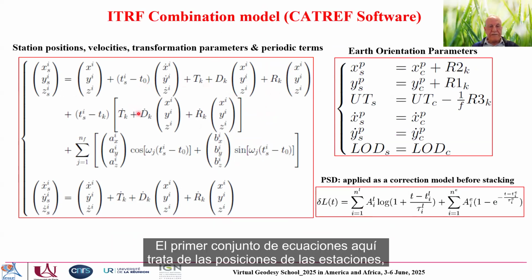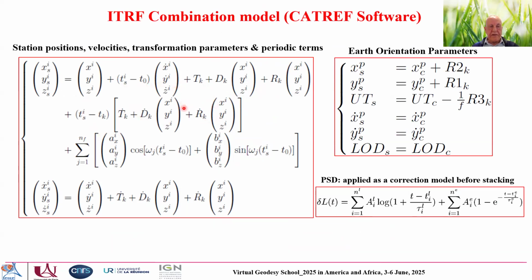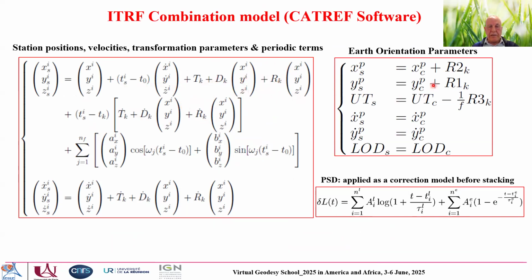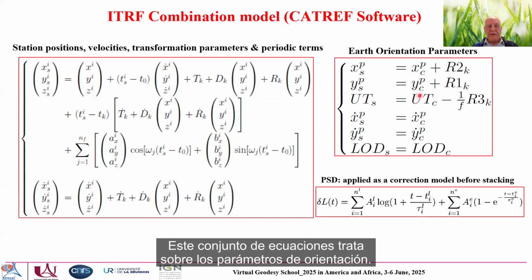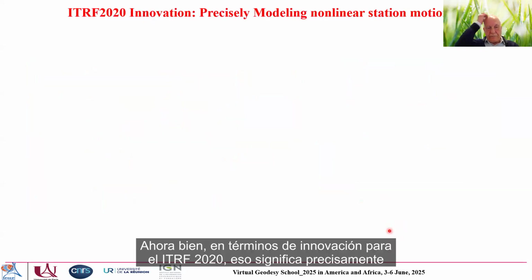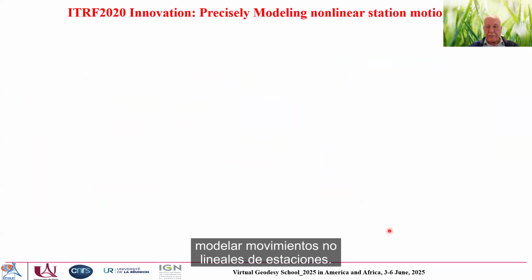The first set of equations deals with the station positions, velocities, transformation parameters, and periodic terms. This set of equations is dealing with orientation parameters, and this equation is dealing with the post-seismic deformation model using logarithmic and exponential functions. Now, in terms of innovation for the ITRF 2020, that means precisely modeling non-linear station motions.